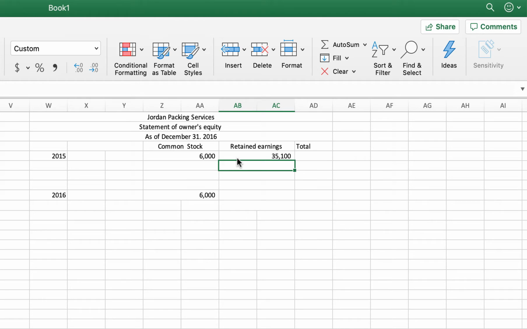I know that from this 2015, I'm going to add net income, subtract out my dividends. So I'm going to say add net income. Well, I don't know what my net income is, right? I'm going to subtract out my dividends.